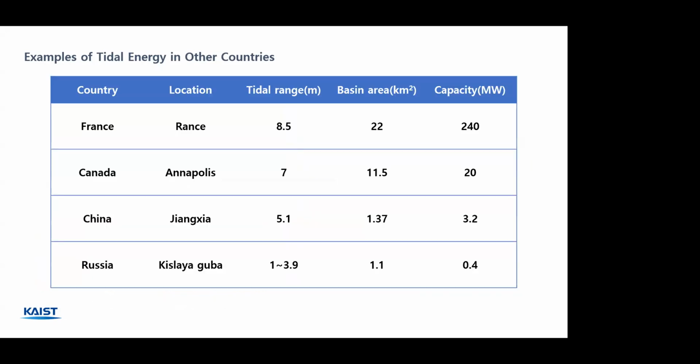The table below summarizes the tidal range, basin area, and capacity of these tidal power plants. As evident from the figures, a larger tidal range and basin area are advantageous for generating more electricity.